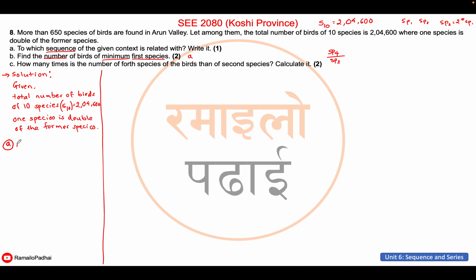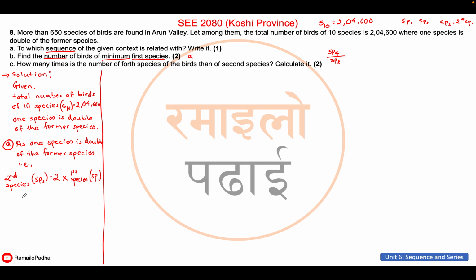So we will write one species is double of the former species, that is second species, sp2 is equal to 2 times first species, sp1.